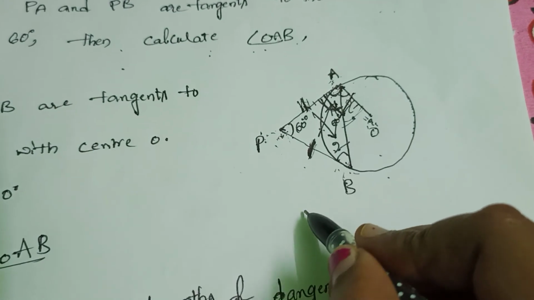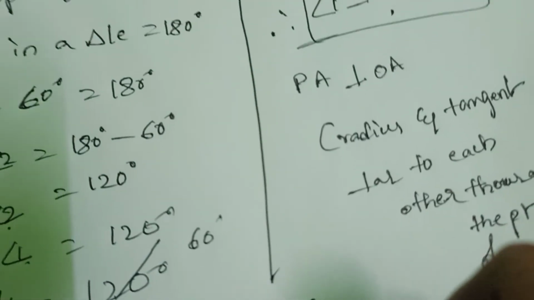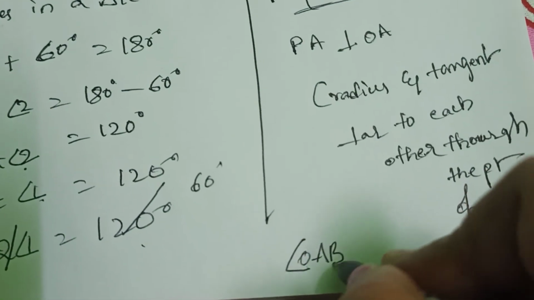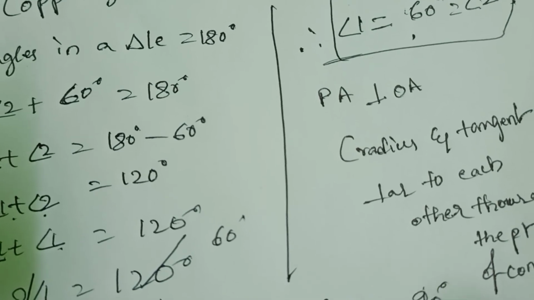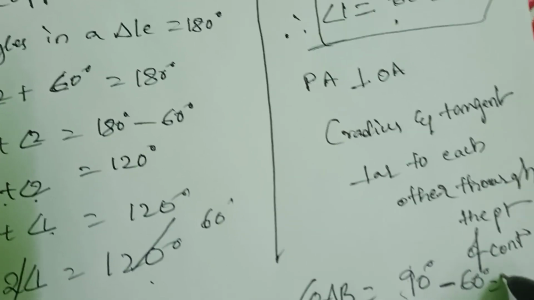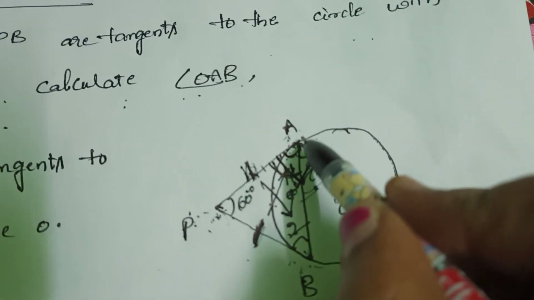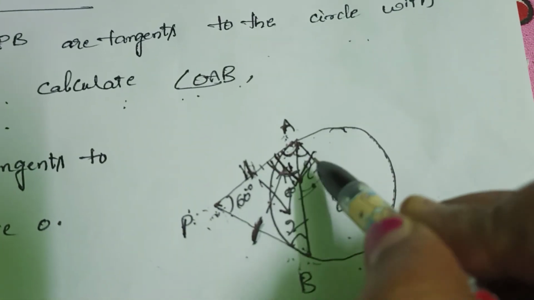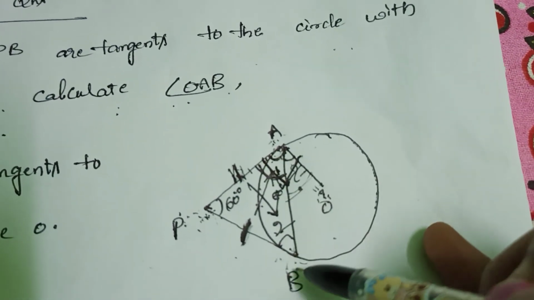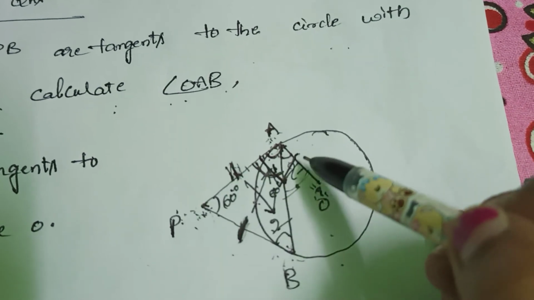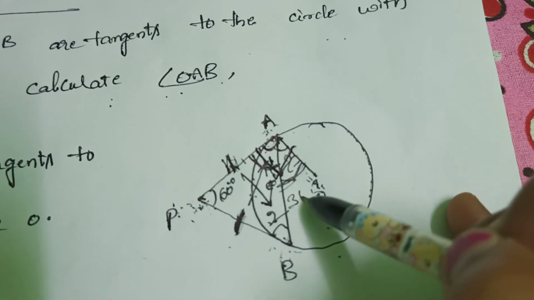Therefore angle OAB equals 90 degrees minus 60 degrees, which is equal to 30 degrees. That is, angle OAP minus angle BAP, 90 minus 60, which equals 30 degrees.